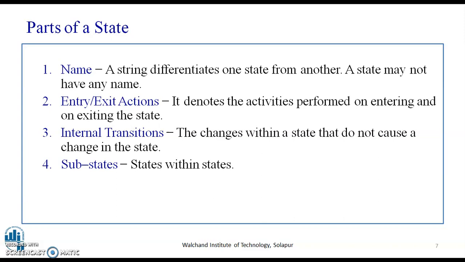You press the button, then the fan which is in the idle state starts moving, so idle to rotating. And what was the entry and the exit action? So entry was it started rotating, and then it started to move.